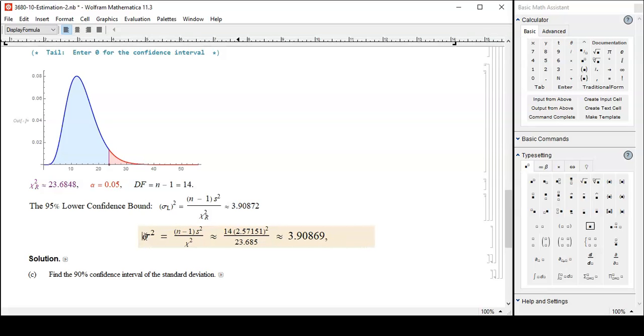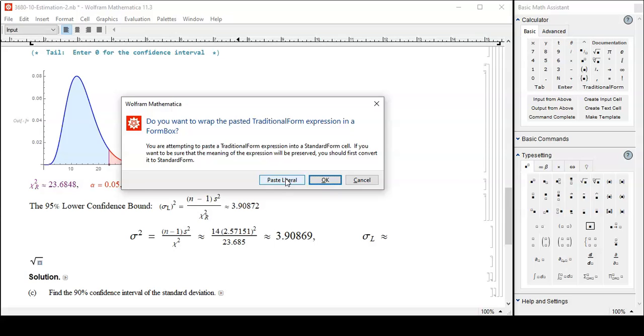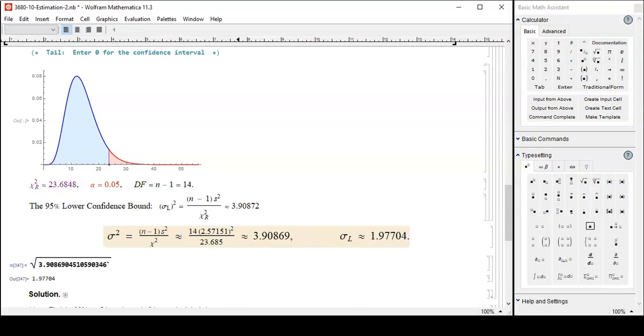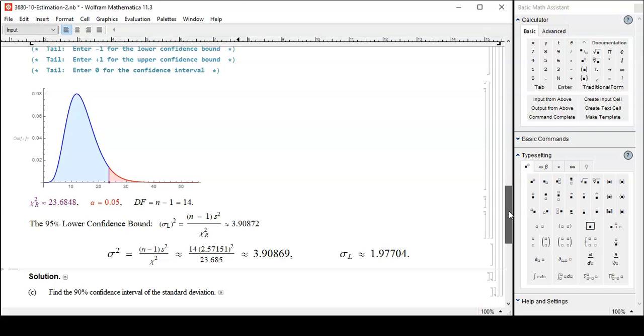So your sigma value is going to be the square root of this. Oh, by the way, this sigma is for the lower confidence bound. That's going to be the square root of this quantity, .977, and that is the lower bound. 95% lower bound.